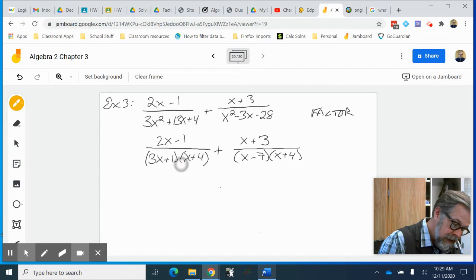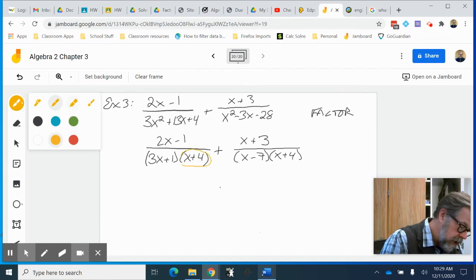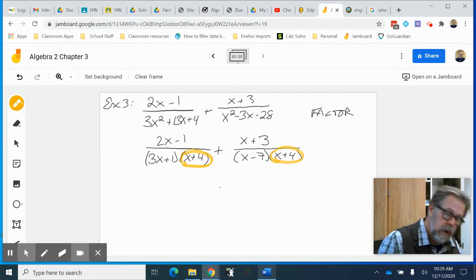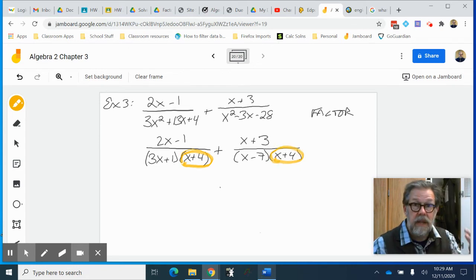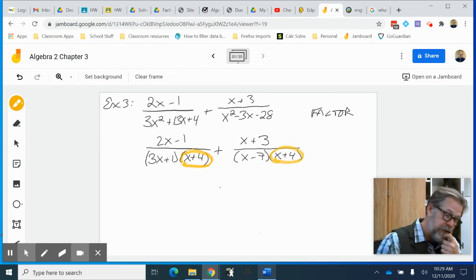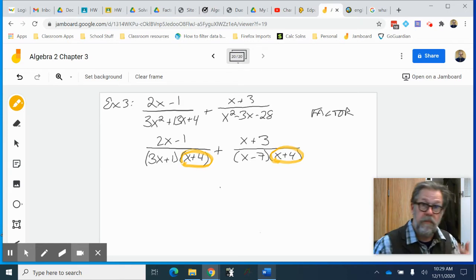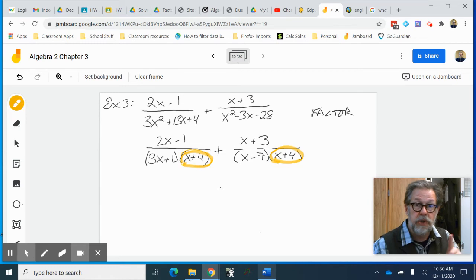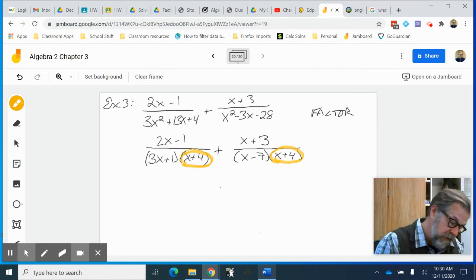And look at that. I've already got an x plus 4, which means I don't need another one. Just like on that first fraction that we looked at, I don't need another one. If you're not sure, rewind, jump back to that point in the video.